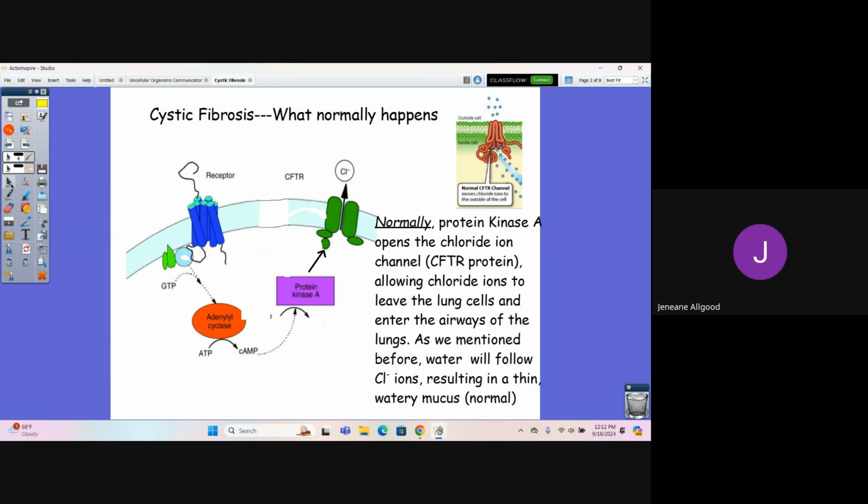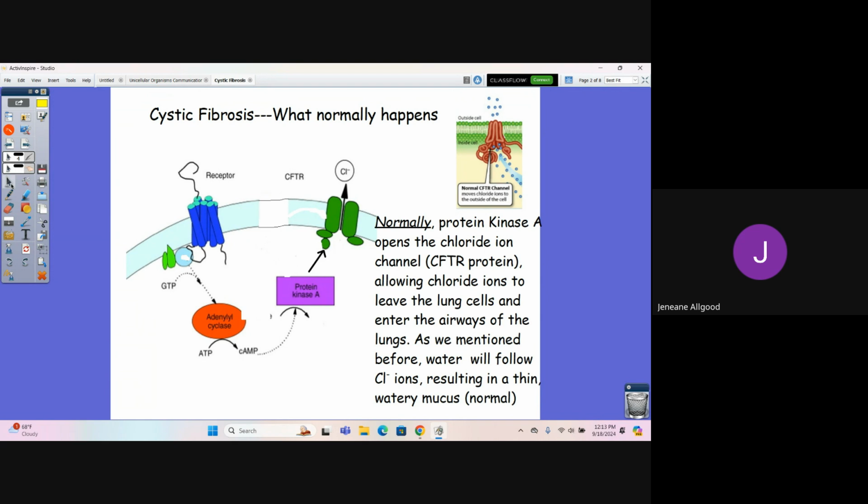So remember, water always wants to go towards higher solute concentration. And so when those chloride ions and sodium ions leave the intestinal cell and go into the digestive tract, water is going to follow because it's going towards that hypertonic solution. Okay? So we're still working with a CFTR protein here.